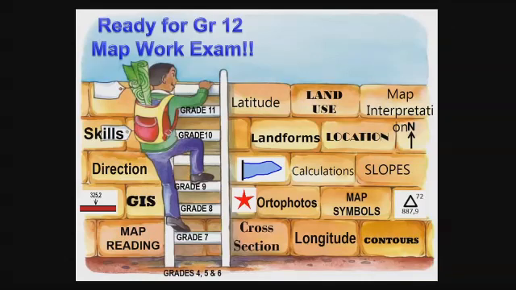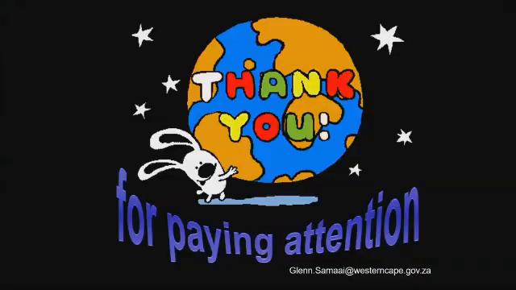Because all these things you've learned over these years: land use, location, slopes, maps, longitude, skills, direction, all these things you have learned since you were in primary school. And expect a question on any one of these building blocks as we showed you for map work in your grade 12 examination at the end of the year, or in the next few months.